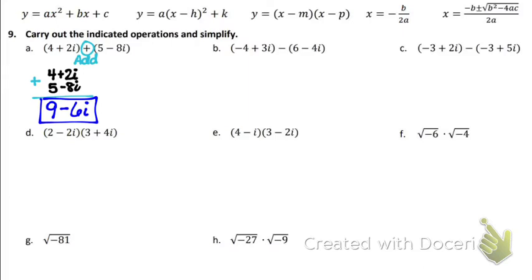What are we supposed to do on part B? Subtract. So I'm going to take this subtraction. I'm going to distribute that to both pieces. Nothing changes to the first number. I distribute to the second number.